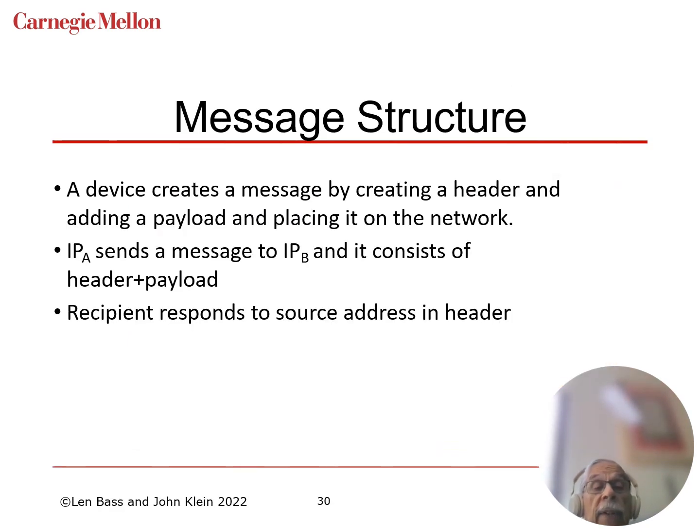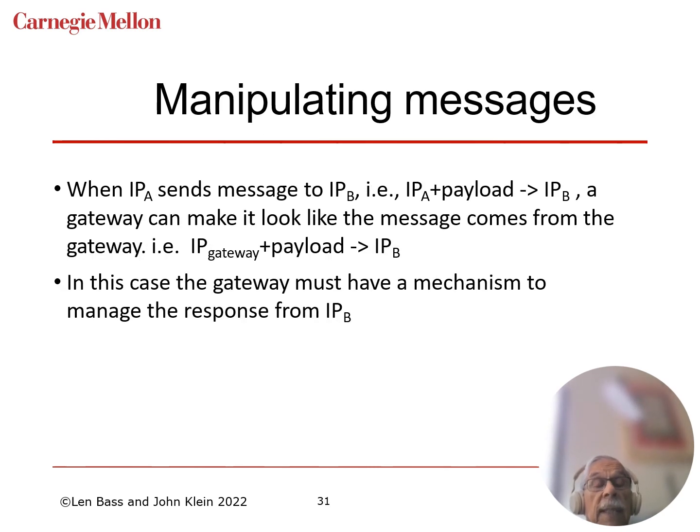So a device creates a message by creating a header and the payload and sending it on the network. And so IPA sends a message to IPB, and it consists of a header and a payload. And then when IPB gets the message and needs to respond, it responds to the source address in the header. But that source address may not be the original sender.